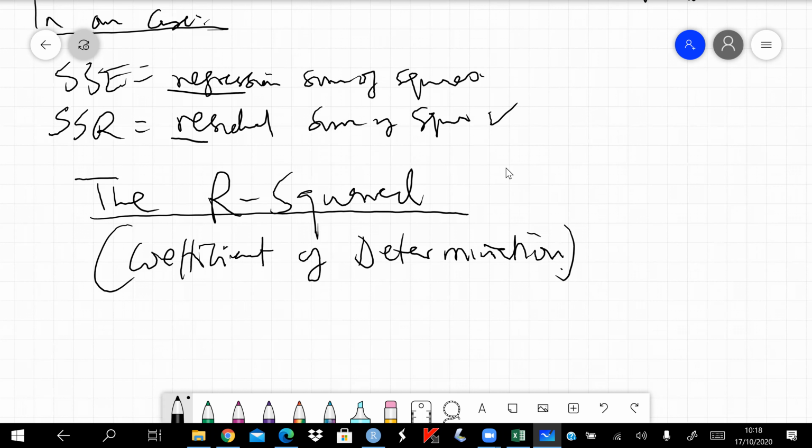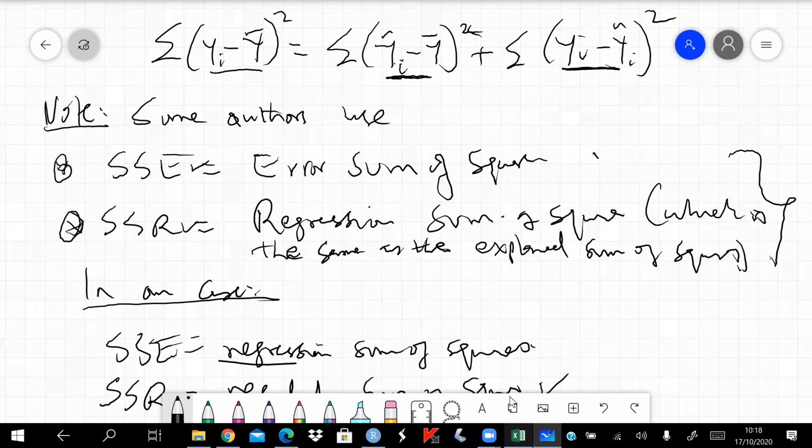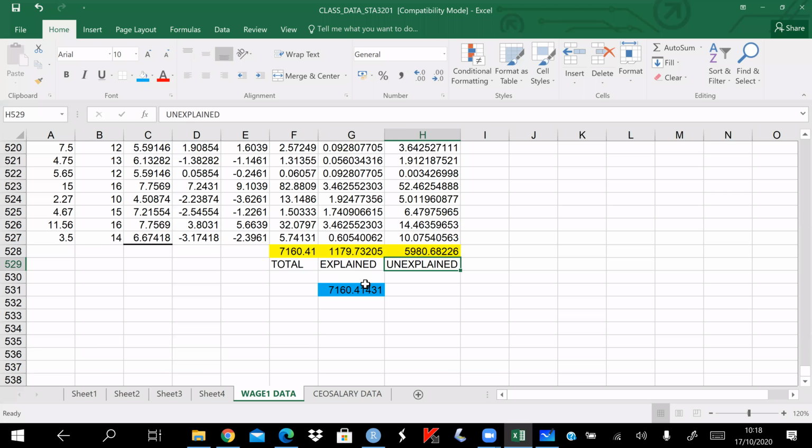And you notice that R squared is a ratio between the explained variation and the total variation. And there's no way explained variation can be larger than total variation.